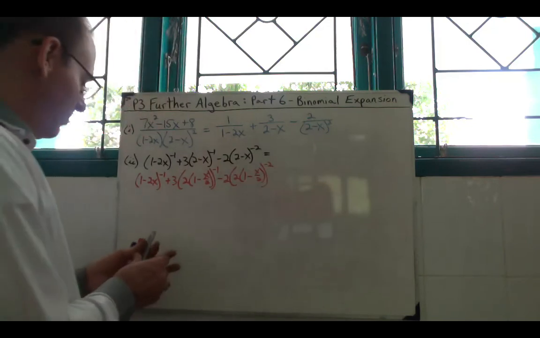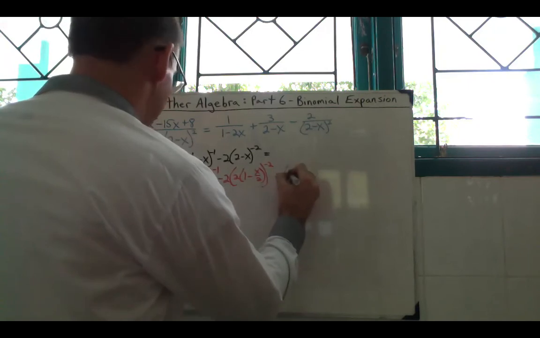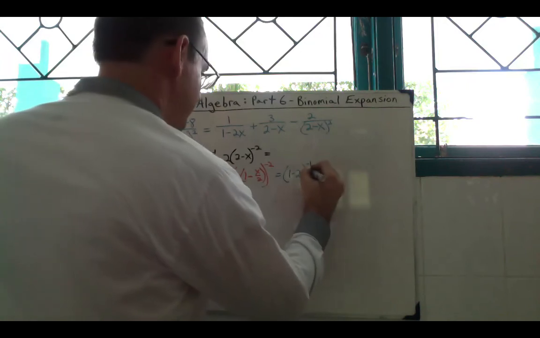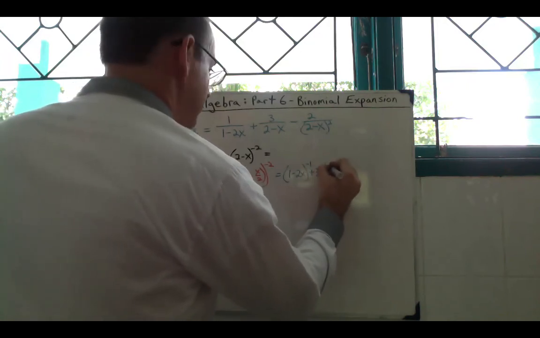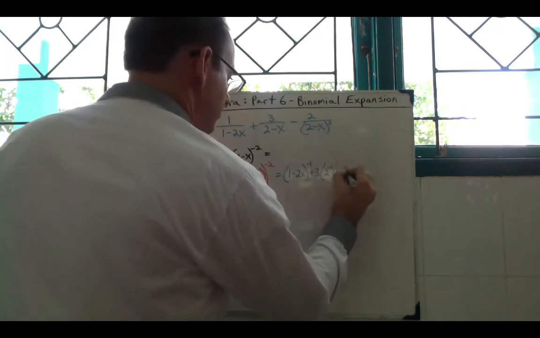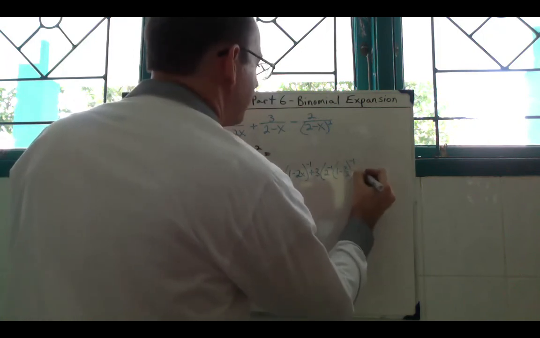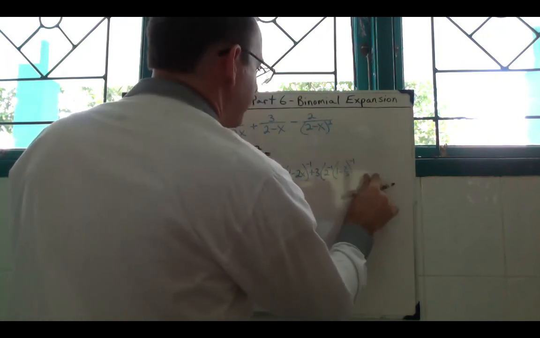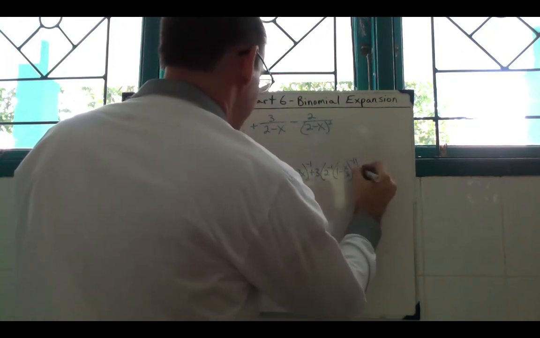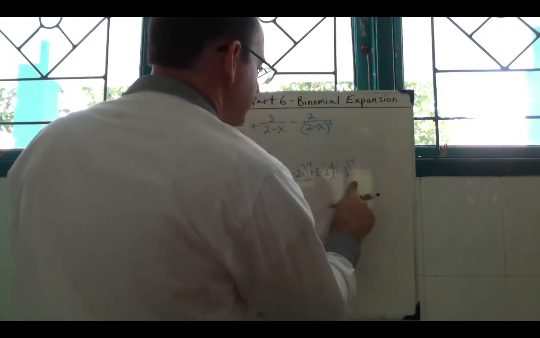So when we distribute the exponent, what we're going to get is this.